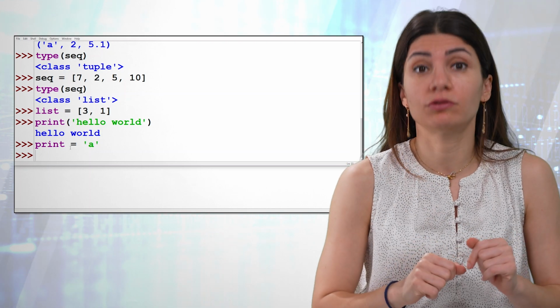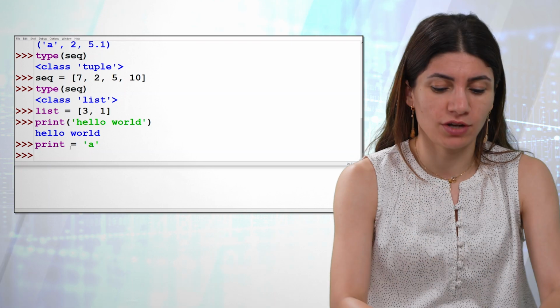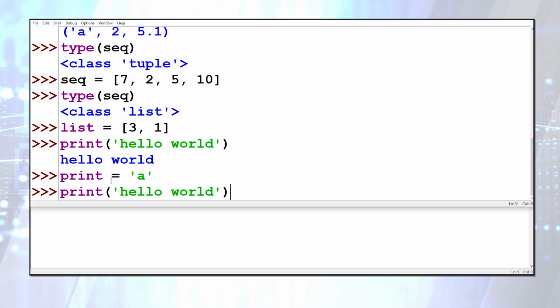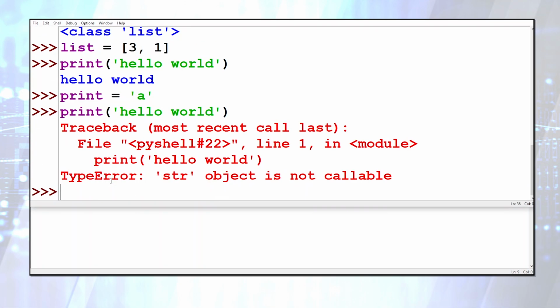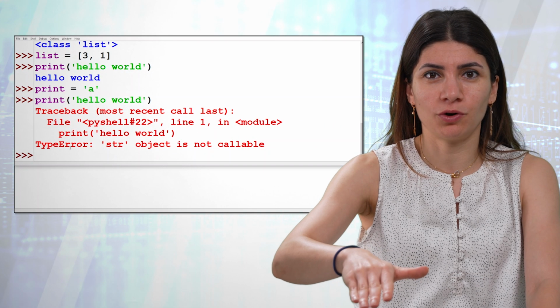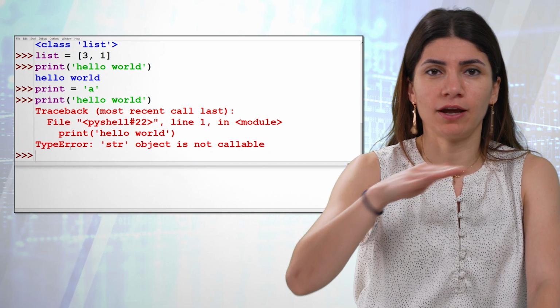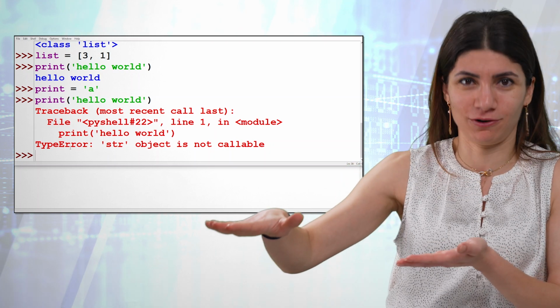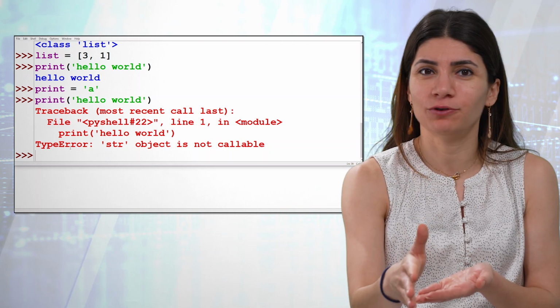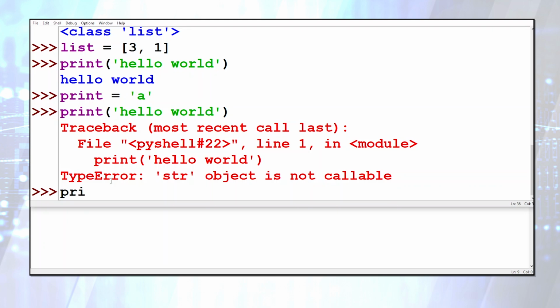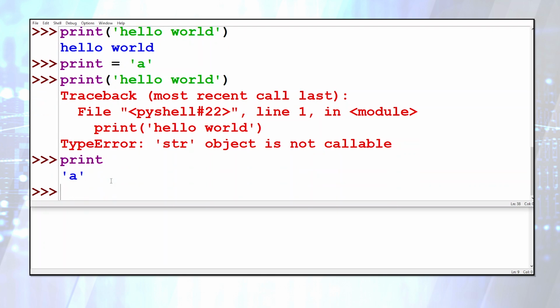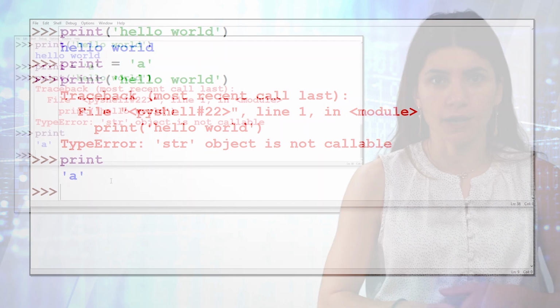Good, I'm not going to stop you. But you changed that. Now, if I redo this exact same line, it's going to give me an error message because predefined function print doesn't exist anymore. I have overwritten that. I have deleted that function. It cannot print anything for you anymore because now print is just a simple variable that holds this string A.